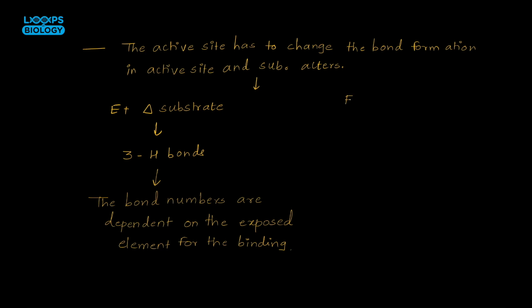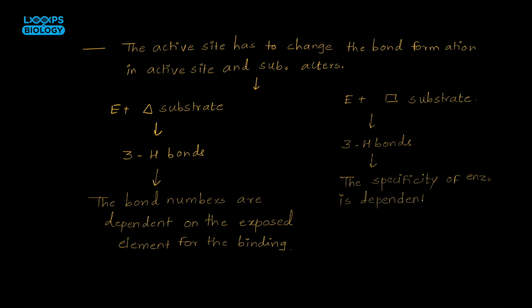Suppose the enzyme is loaded with some square shaped substrate and it is still forming 3 hydrogen bonds, so the specificity of the enzyme is dependent on the interaction of the substrate with the active site.